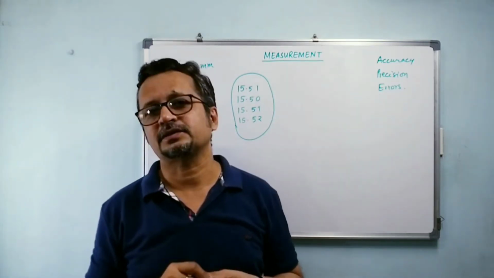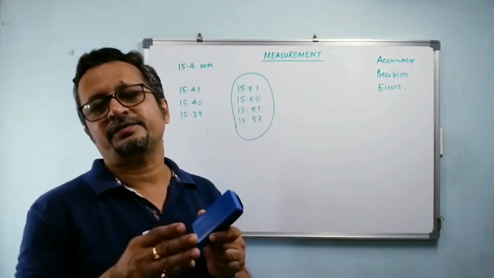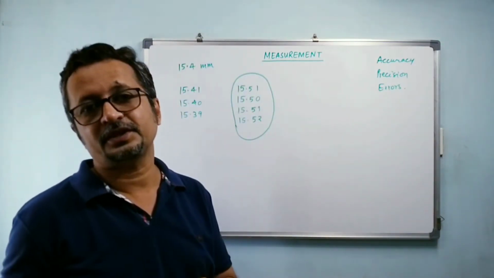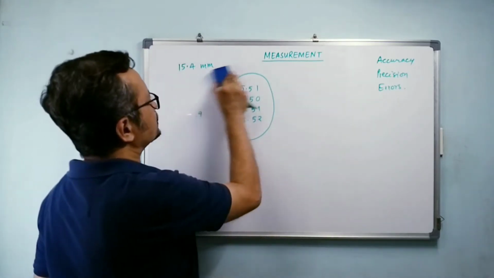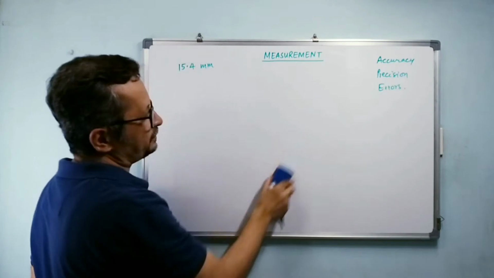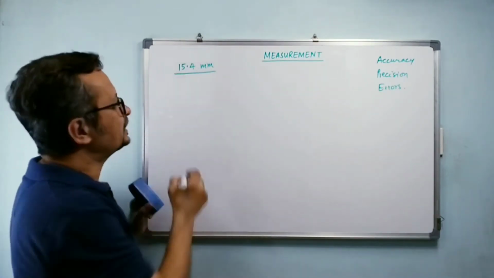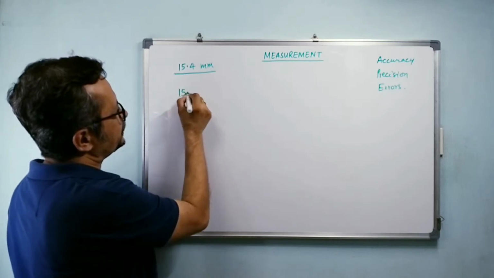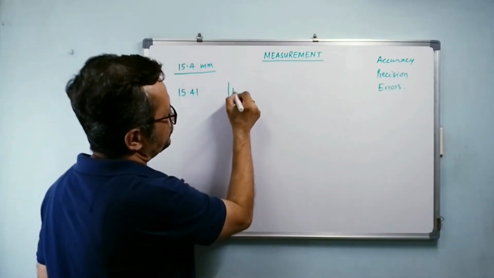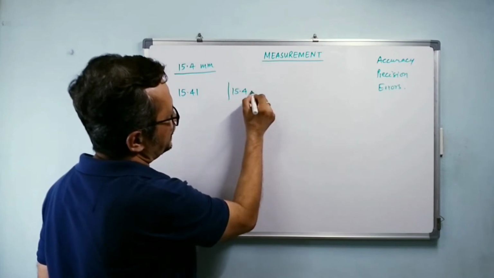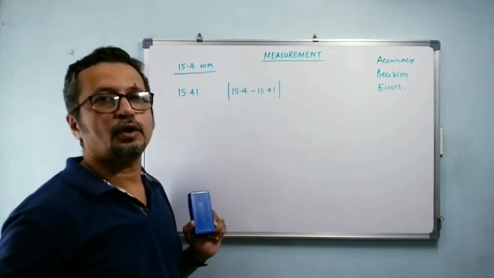Now what are errors? Error is the deviation of the measurement taken by you from the true value. So if my true value is this and I have measured 15.41, then 15.4 minus 15.41, and I'm taking the modulus of that.